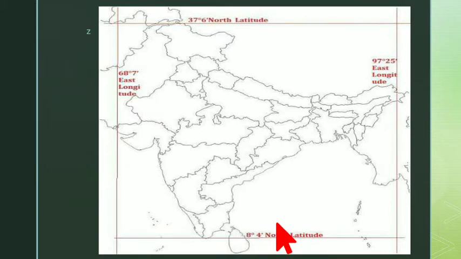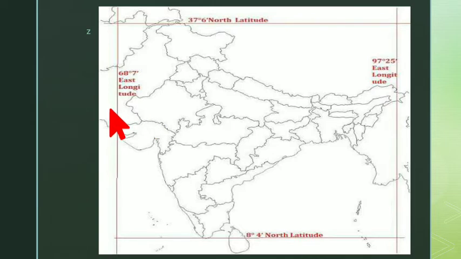If there comes a question anytime, what is the longitudinal extent of India? What do we generally say? India lies between 68 degrees 7 minutes east longitude and 97 degrees 25 minutes east longitude. We almost refer to it like that, isn't it?